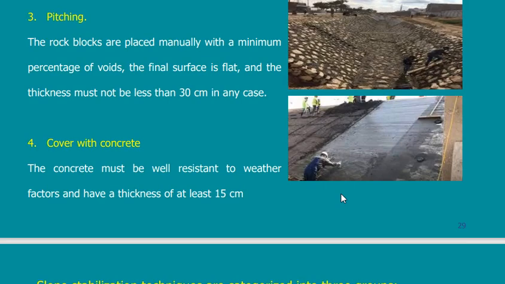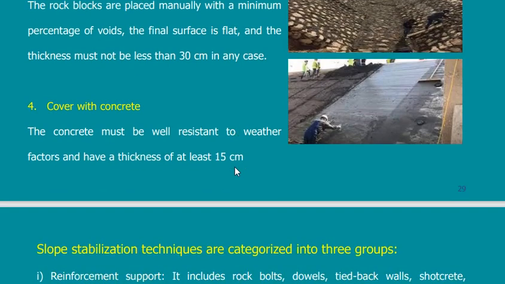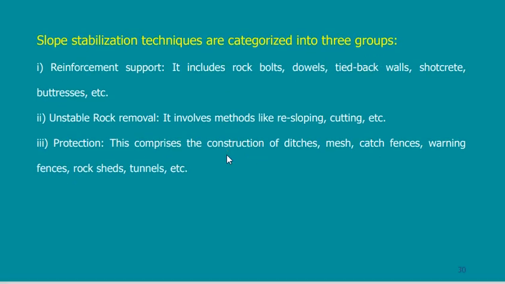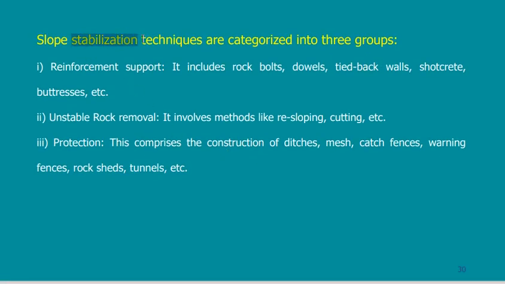I'm just trying to protect the surface of the slope. This is slope protection. But when I speak about slope stabilization, it means I want to study the stability. Stability deals with factor of safety, then I have to increase the factor of safety of the slope. How to increase the factor of safety of the slope?